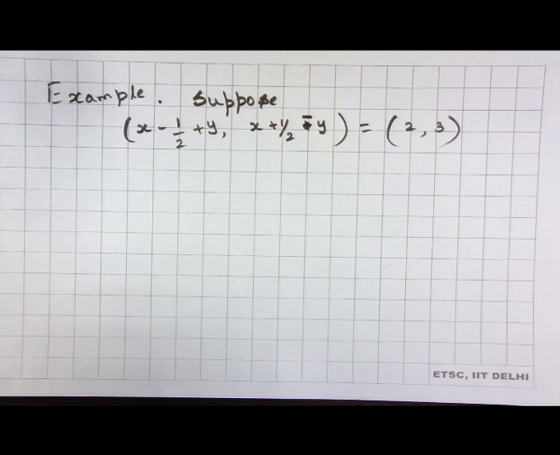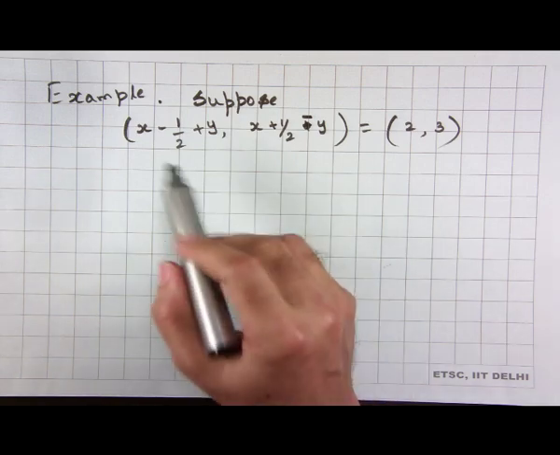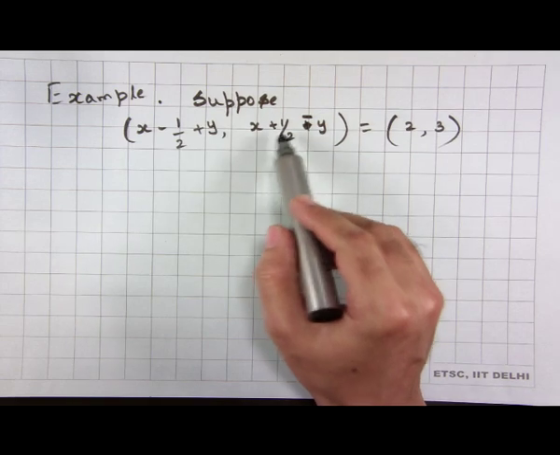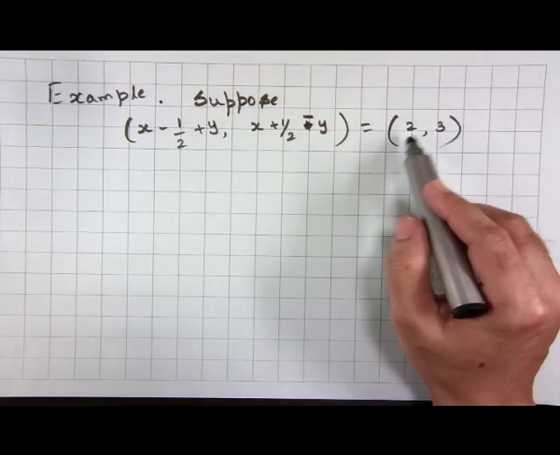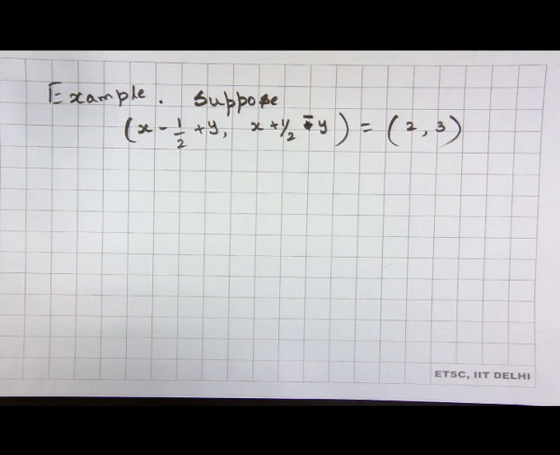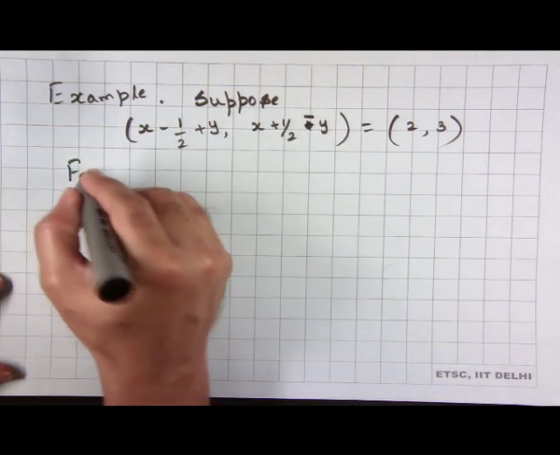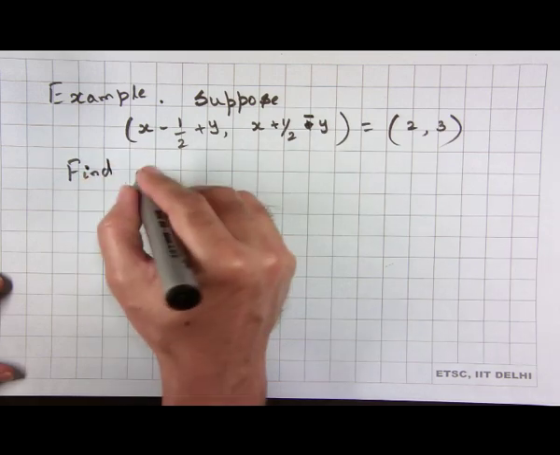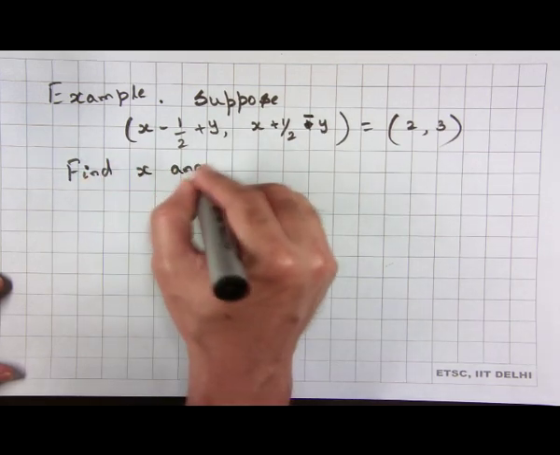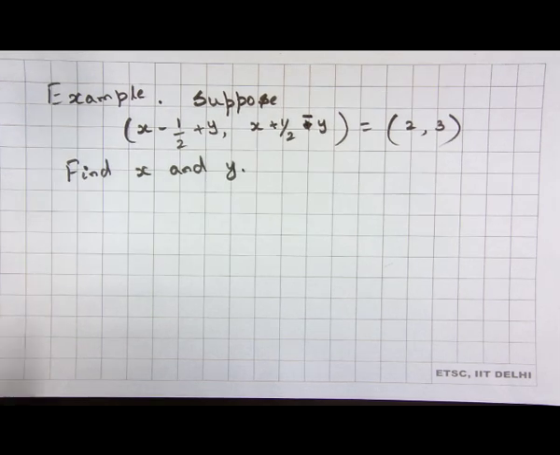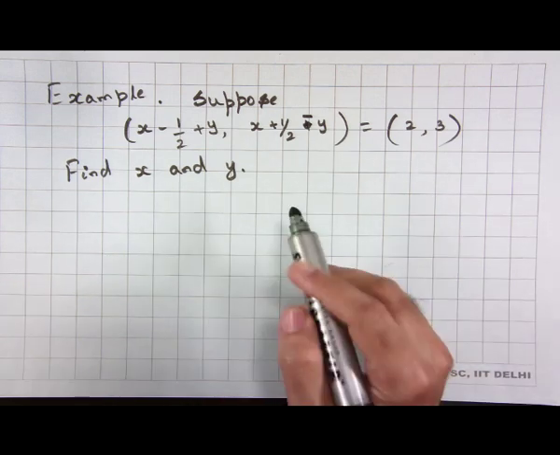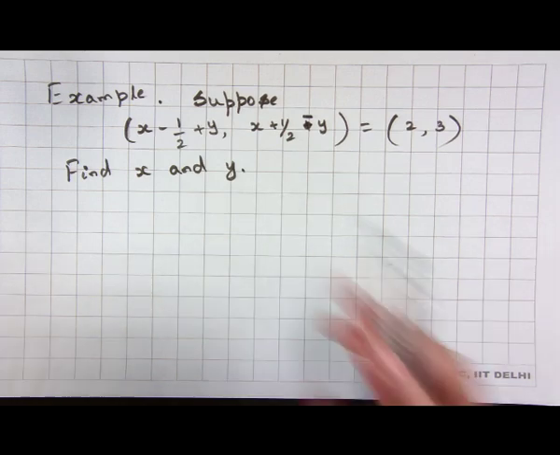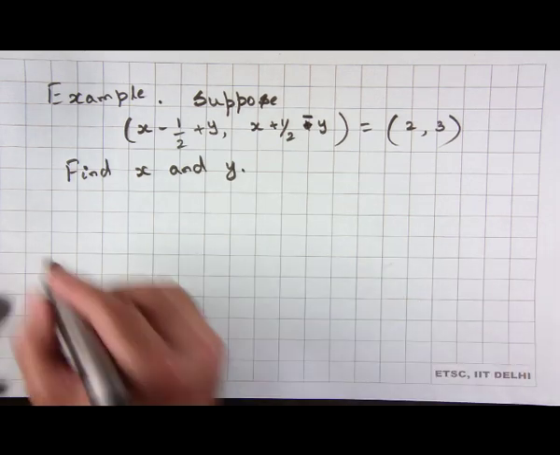What we have is the ordered pair (x minus half plus y, x plus half minus y), and this is the same as (2, 3). Find x and y. On the left we have an ordered pair and on the right we have an ordered pair, and what is given is that these two ordered pairs are equal.